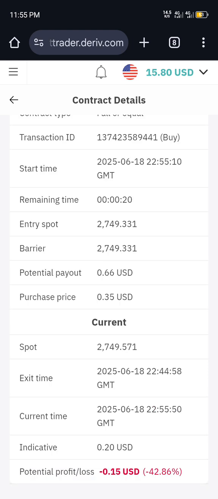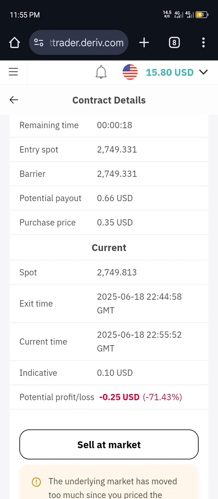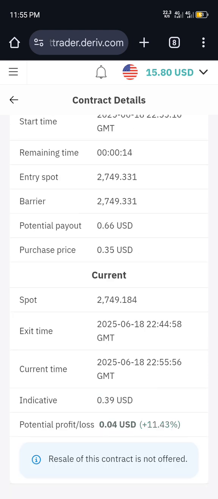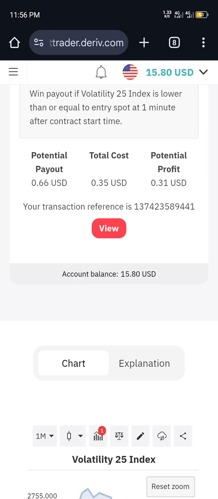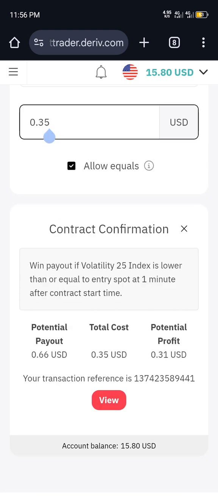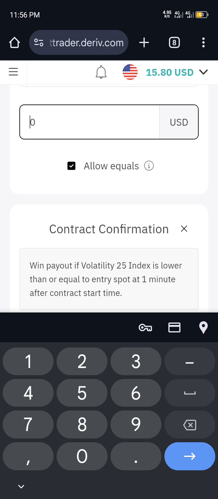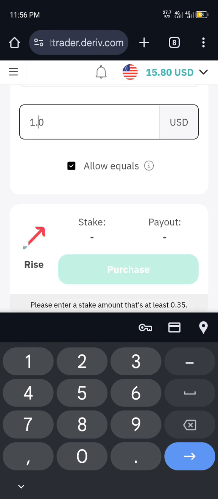Okay, I can see 15 cents. I tried to cut the loss short, but the network refused me. Now I have to allow it to run. I cannot intercept it anymore. It's less than 14 seconds. Alright, that's a loss. We move to the next trading stage, which is $1.05.